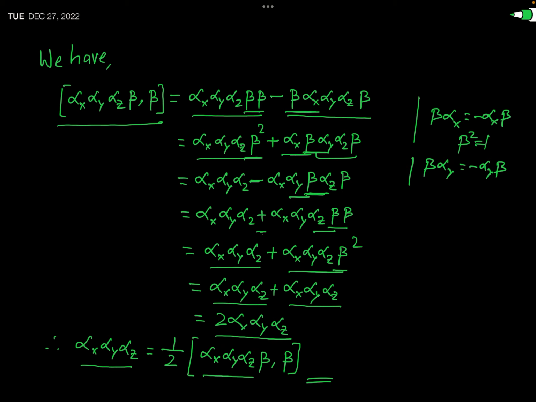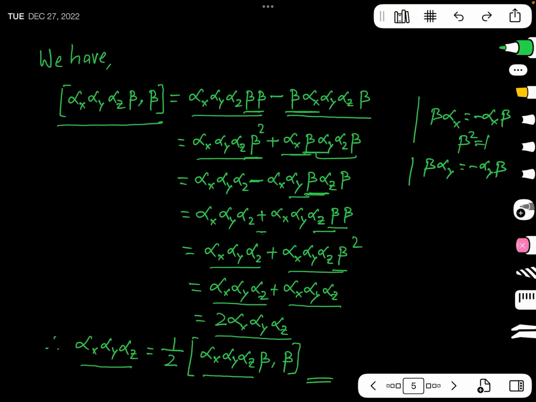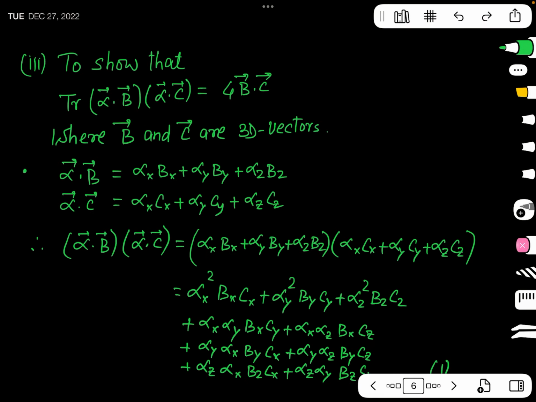So the first two parts of the problem we have solved, and you can see the solution is very simple. You can solve this type of problem simply by keeping the properties of the Dirac matrices and the commutator algebra in your mind.